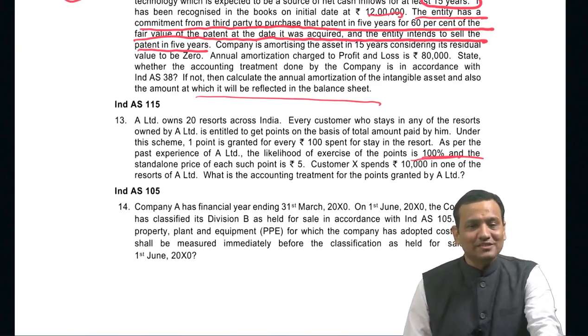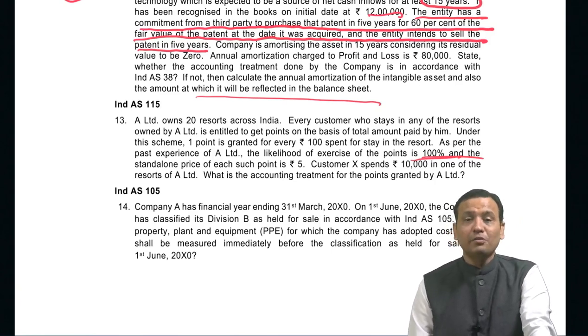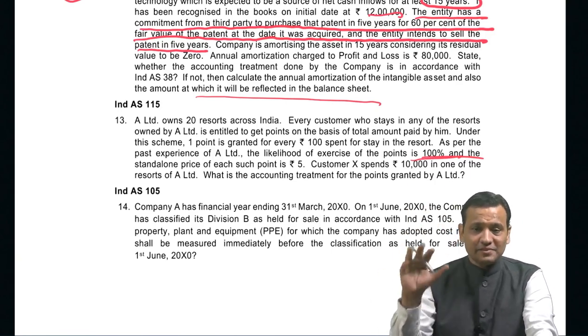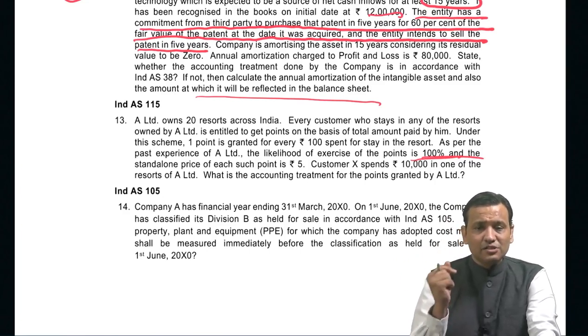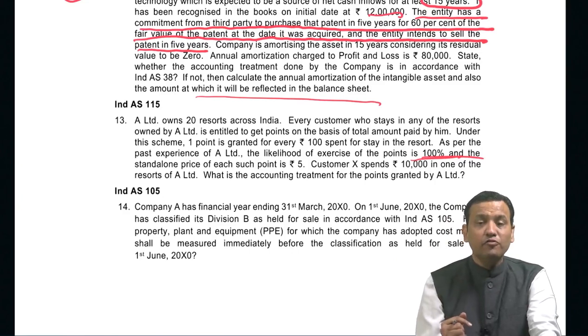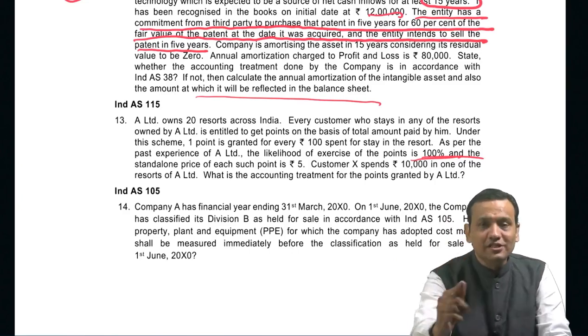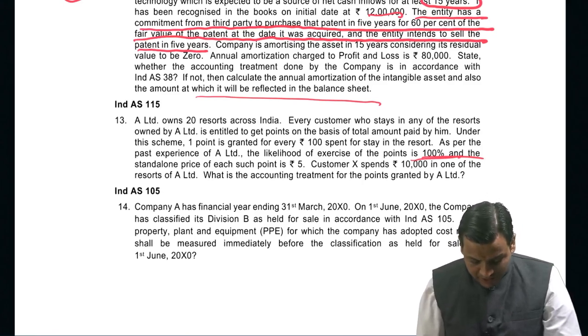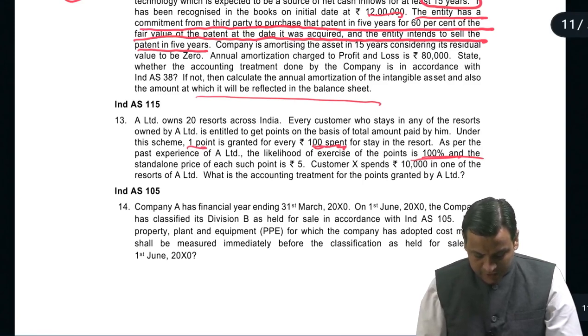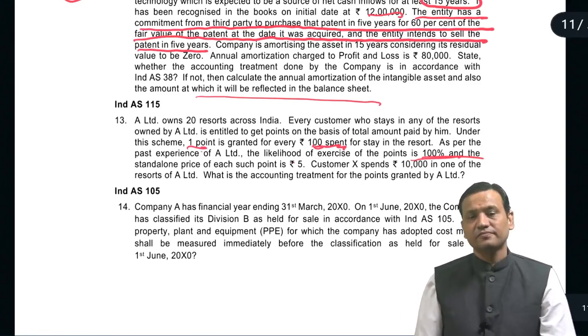Yes, my dear students, if you remember, don't you think there are multiple performance obligations? You remember those 5 steps? When the customer is paying me 100 rupees, the customer is also paying me for future goods and services. Because for every 100 rupees spent in the resort, you are going to get 1 point, and that 1 point is equal to ₹5.